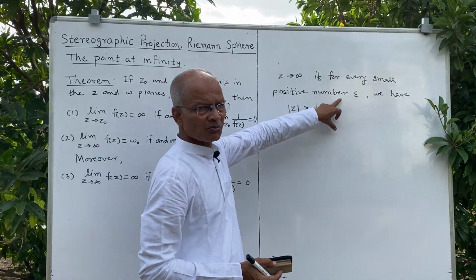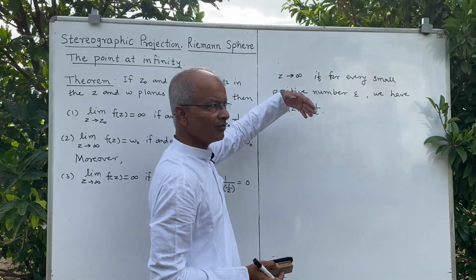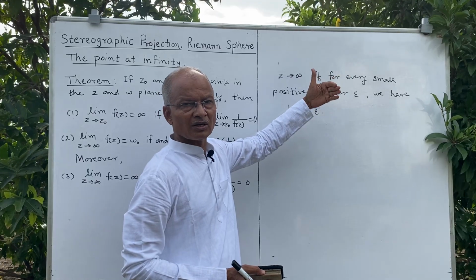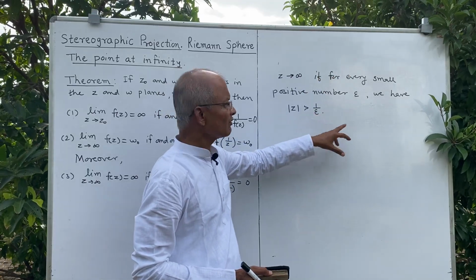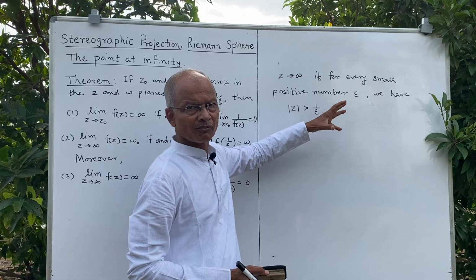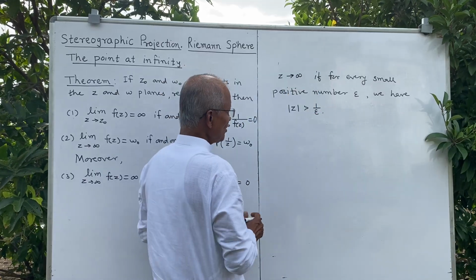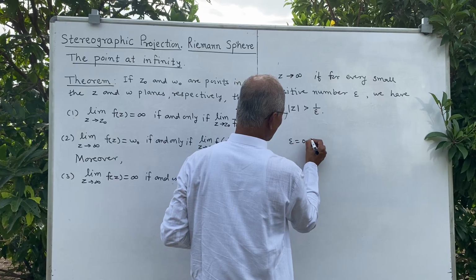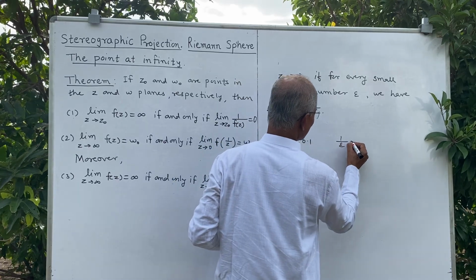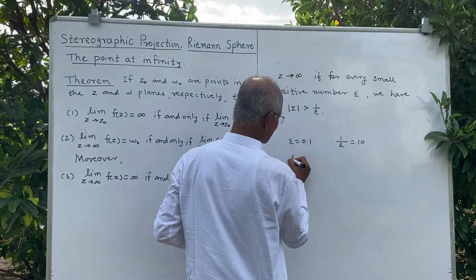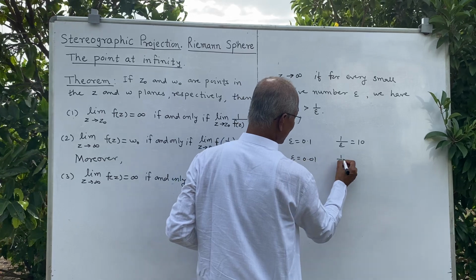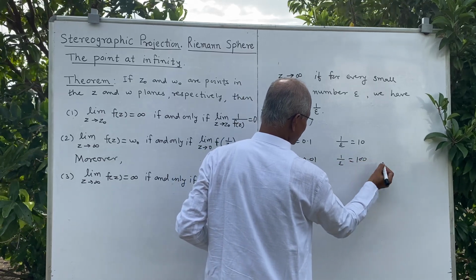then we say z approaches infinity, because epsilon is a very small number, so 1 upon epsilon will become bigger. As we make epsilon smaller and smaller, 1 by epsilon will become bigger and bigger, and that means z will approach towards infinity. For example, if epsilon is 0.1, then 1 over epsilon will be 10. If epsilon is 0.01, 1 over epsilon will be 100, and so on.